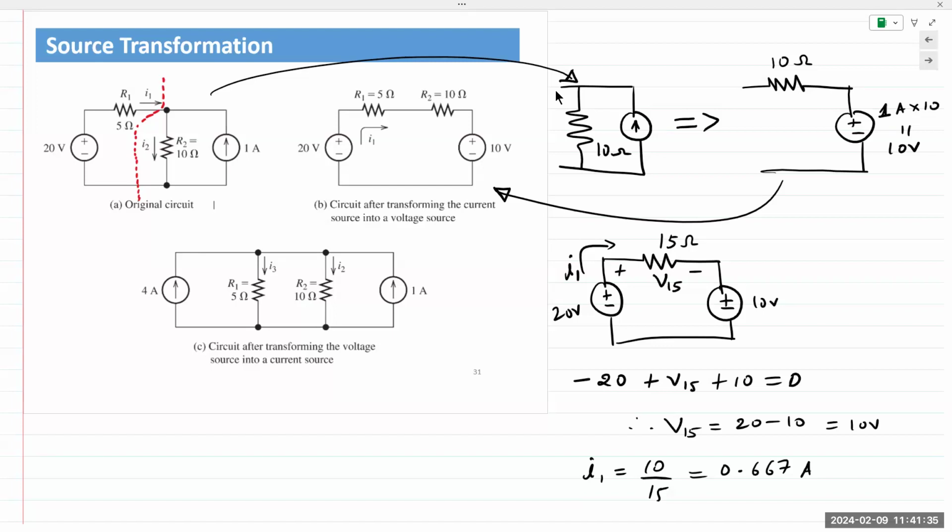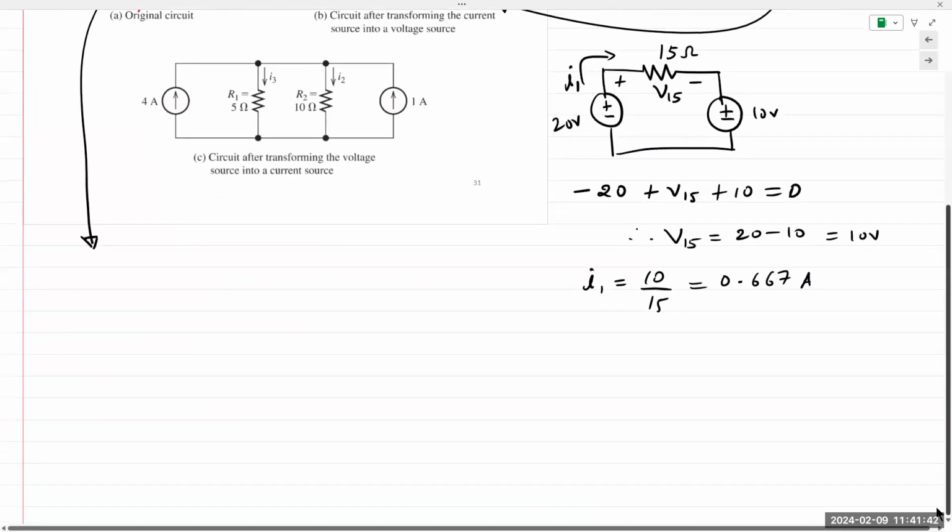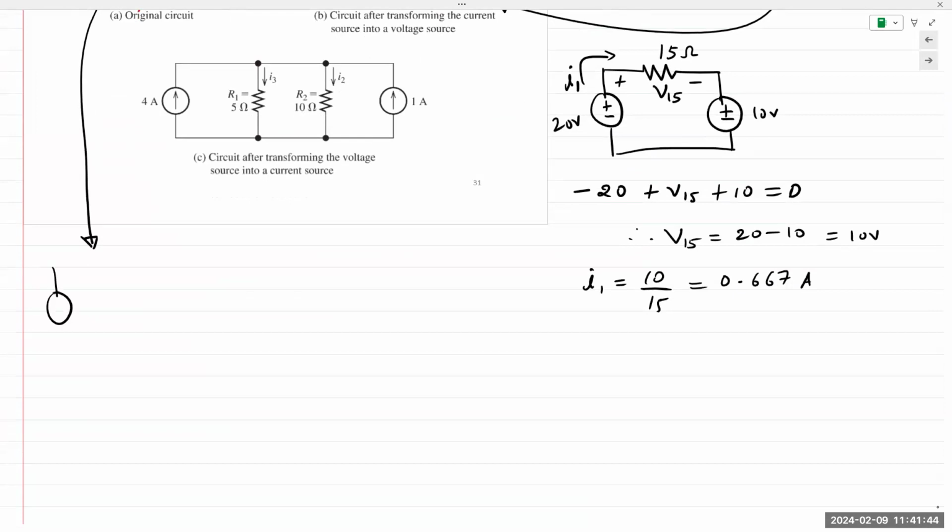We could also transform this into a current source. So if I was to take the voltage source, a voltage source needs to have a resistor in series, which it does. I transform it into a current source.